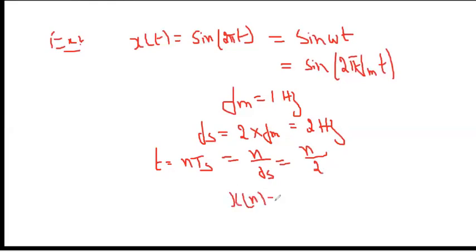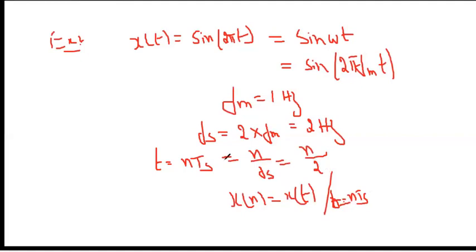To convert to the discrete time function, x of n is equal to x of t, where t is equal to n into Ts, that is n by Fs. So x of t is converted to the discrete function x of n, where t is equal to n into Ts, n by 2.